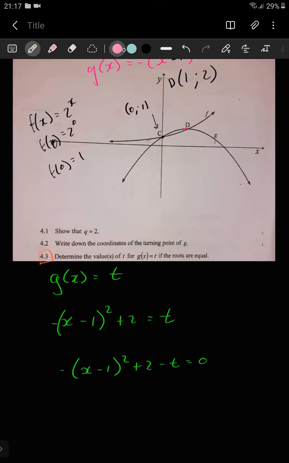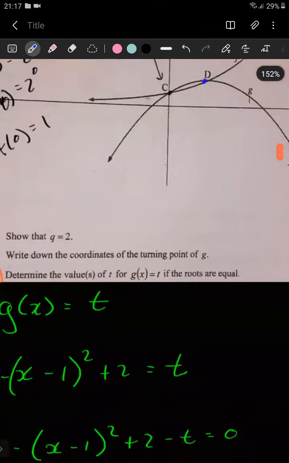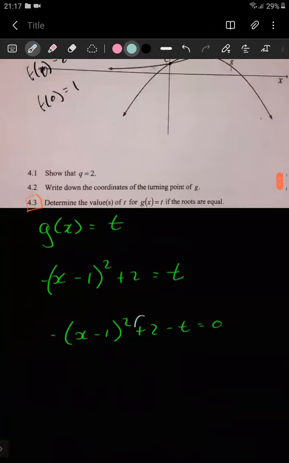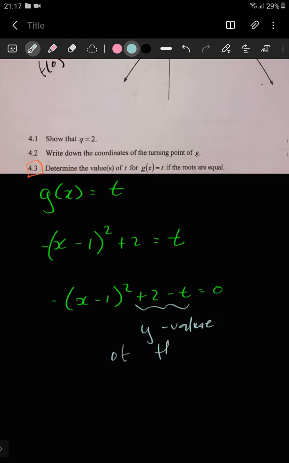So this is showing you that t has an effect on the y value of the turning point. I'll repeat. What we are seeing here is that t has an effect on the y value of our turning point. You see, this is clearly representing the y value of the turning point.